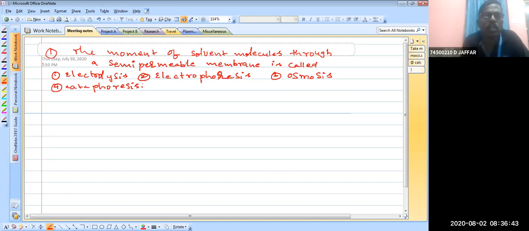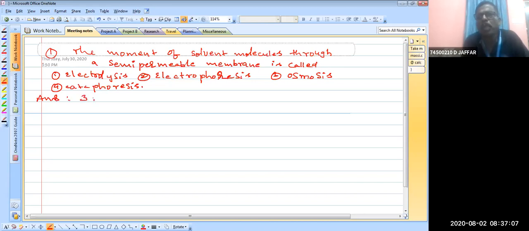So this is the question. The movement of solvent molecules through a semi-permeable membrane is called osmosis, right? Here the right answer for this question is option 3.